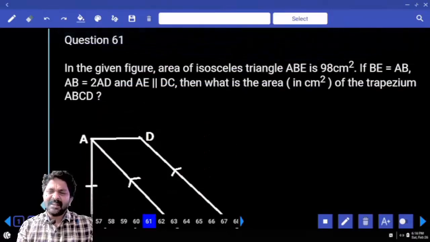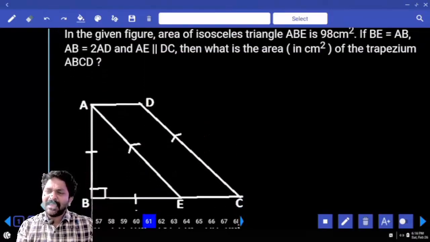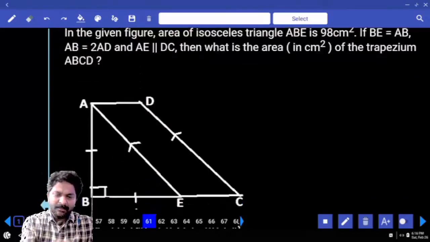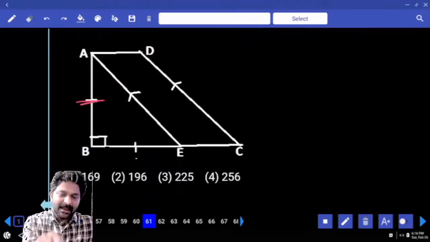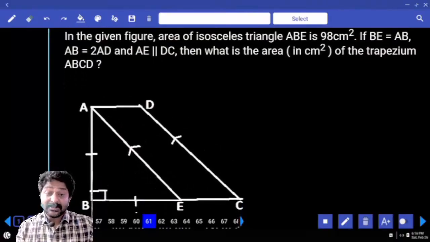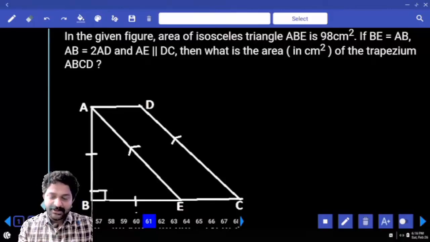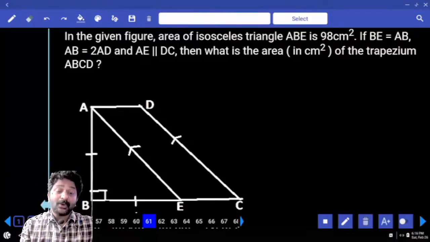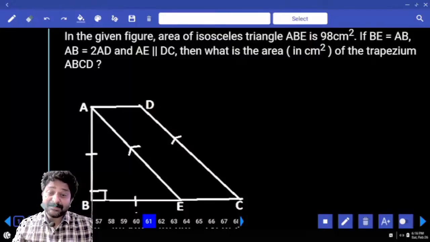In the given figure, the area of isosceles triangle ABE is mentioned. AB and BE both are equal. BE is equal to AB, it is already shown. AB is equal to 2 times AD.